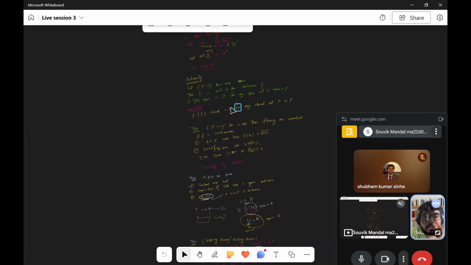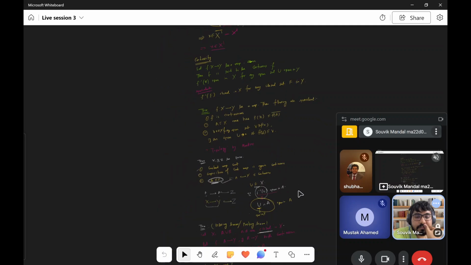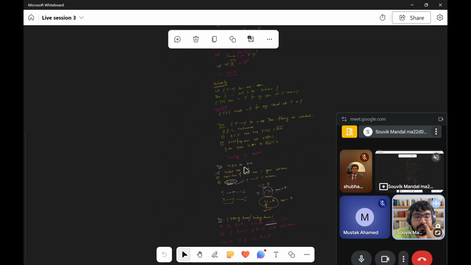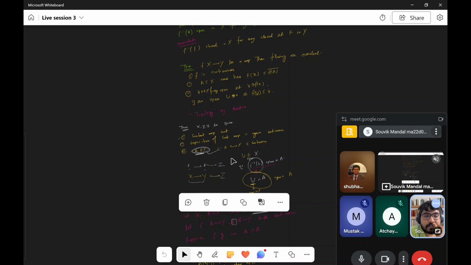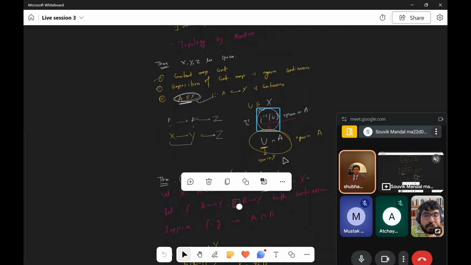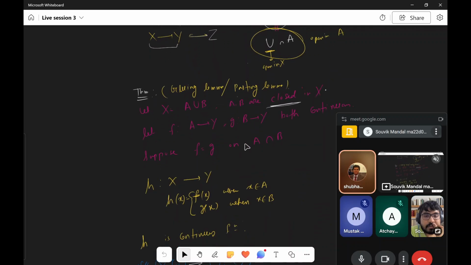So in the last class, have you gone through the pasting lemma? I mean the gluing lemma you're saying. Correct, gluing lemma. Yeah, we went through it last time.